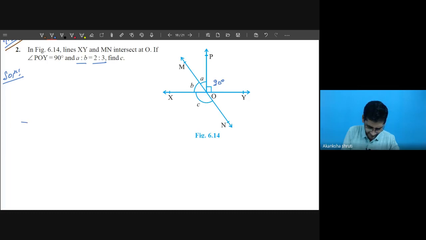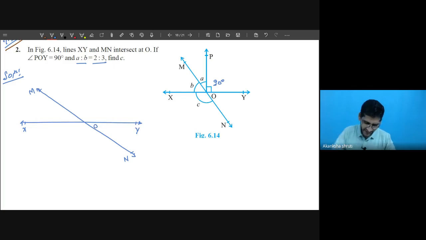Students, in geometry the figures are very important, and in that figure you have to apply the concepts. So one line is our XY, another line is our MN. You also redraw. They are intersecting at O, and at O there is a right angle, meaning this angle is given as 90 degrees.